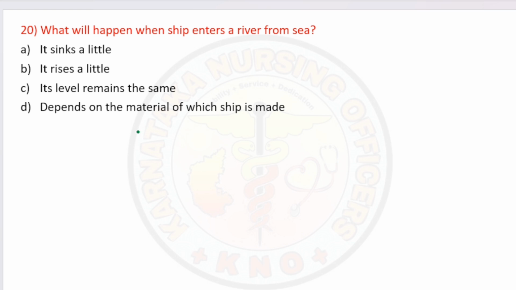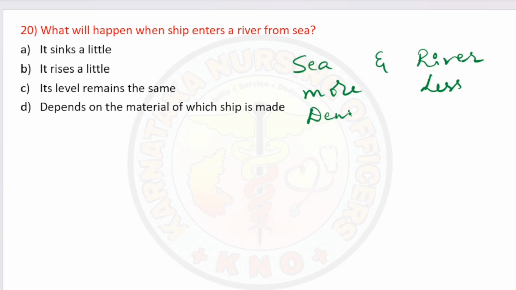See, if you compare sea and river, the amount of molecules in the sea is more, correct? Compared to the sea, the river has less, that means the amount of water molecules. So if you look into the density of sea and river, what is density?